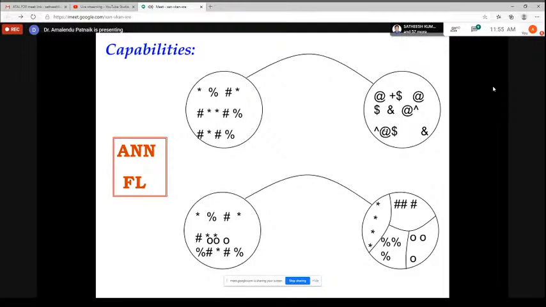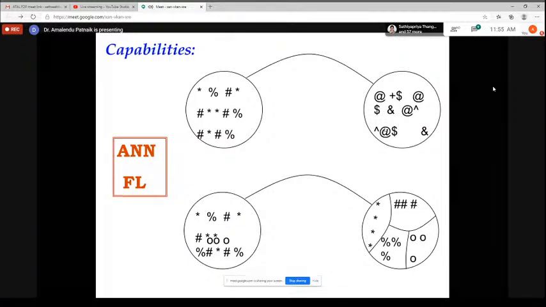Then these ANN and fuzzy logic techniques can be used to form a mapping between the two data sets. In mathematics, we call it a function mapping type of problem. So function mapping problems can be solved with the help of these meta-heuristics.